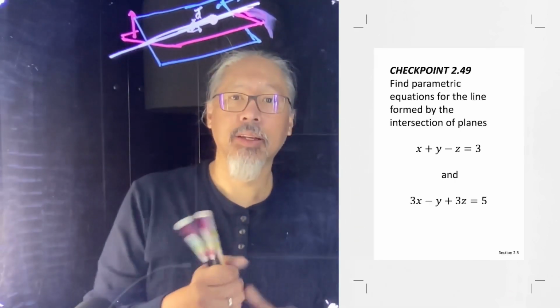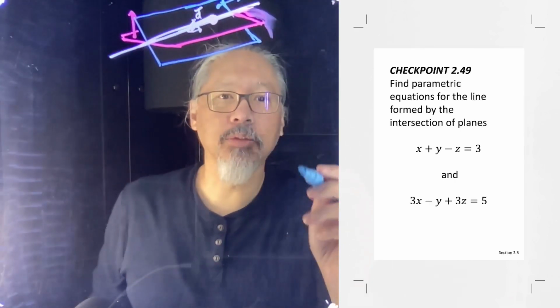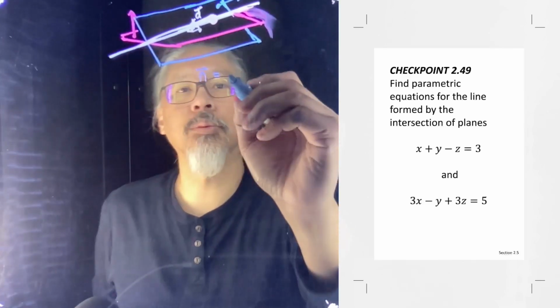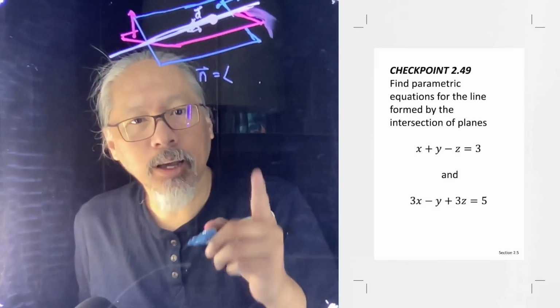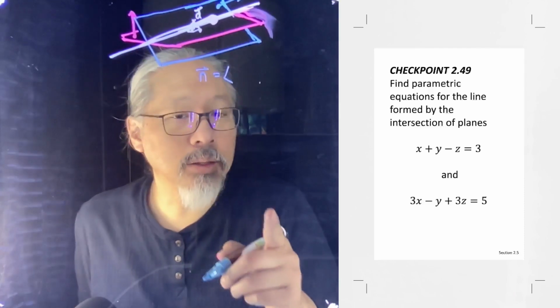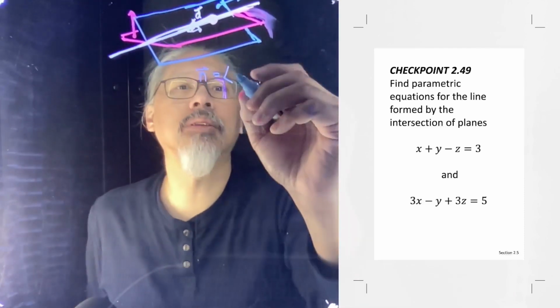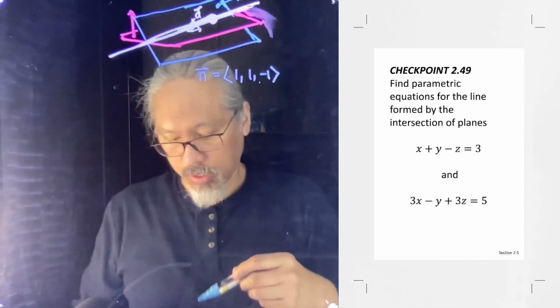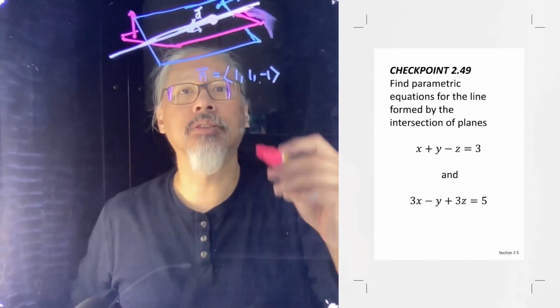Okay, so let's try to get the normal vectors. Let's call the first normal vector n1, and that will be the coefficients 1, 1, negative 1. And let's find the normal vector for the second plane.